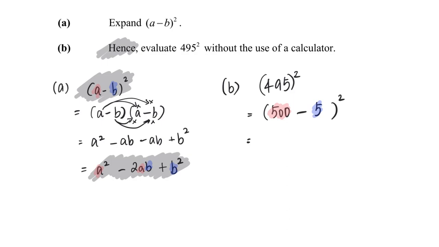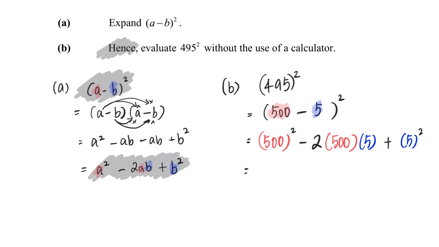So I will have 500 square minus 2 times 500 times 5 plus 5 square.